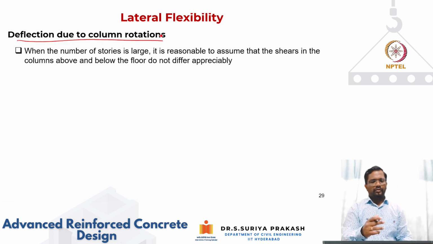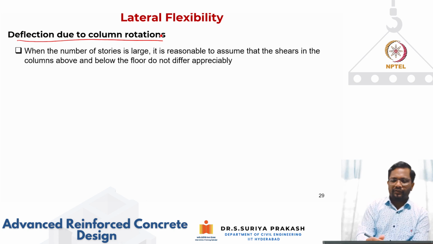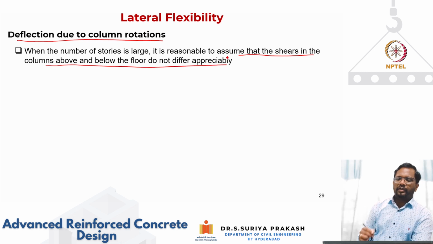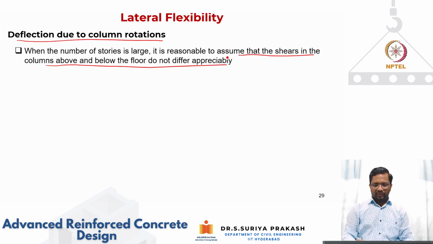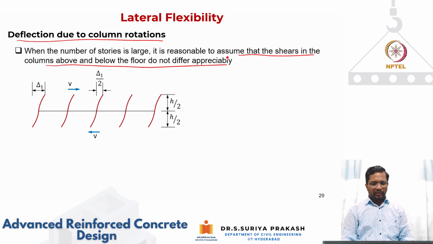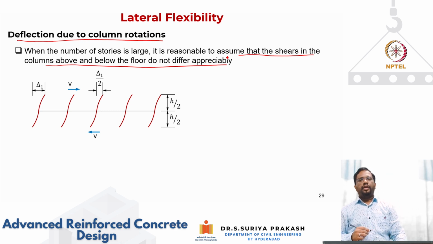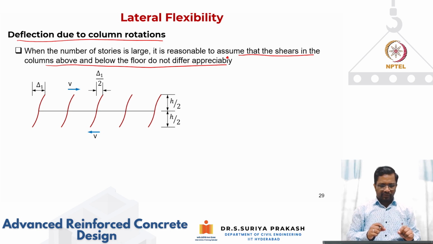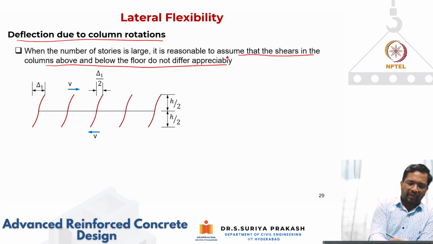Okay. When the number of stories is large, it is reasonable to assume that the shears in the columns above and below the floor do not differ appreciably. That means the shear force is not going to change dramatically. So for this case, if I take the free body diagram between those points of inflection, you will find that the beams are all remaining straight.